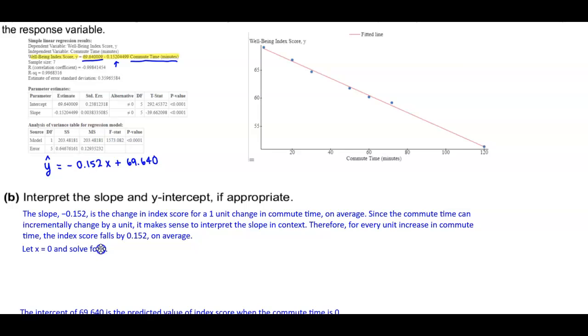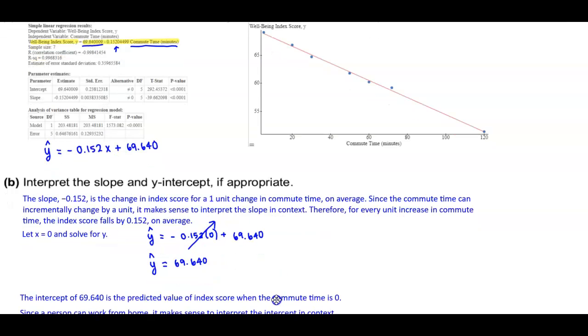So let's let X equal 0 and then solve for Y. If we let X equal 0, Y equals negative 0.152 times 0, plus 69.640. This gives us 0 for the first term, so we end up with a y-intercept of 69.640. What does this y-intercept tell us?